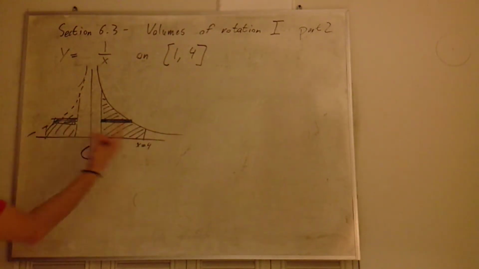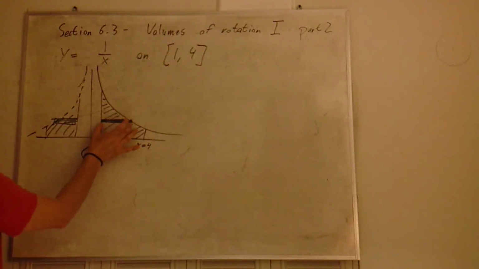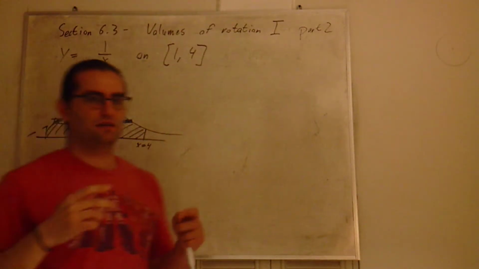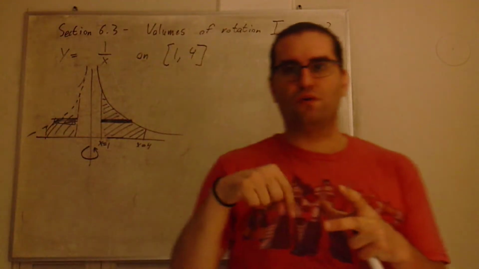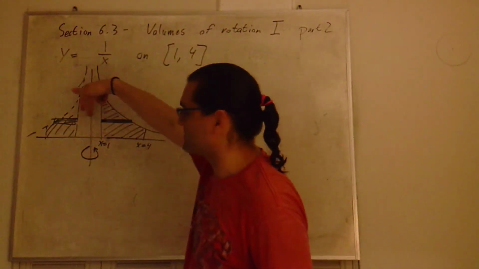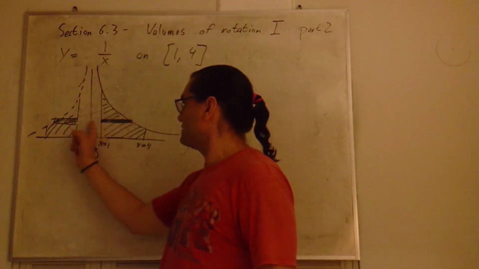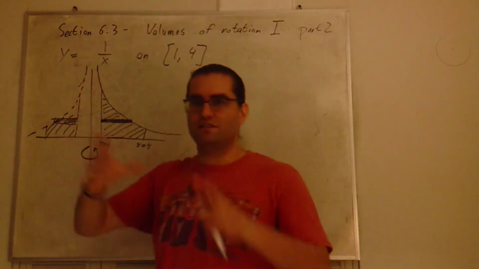We're going to get not quite a disk. Spinning this around the axis is going to give us a disk with a hole in the middle, because this rectangle doesn't touch the axis of rotation. If it touched the axis, then we would just have a solid disk like normal.